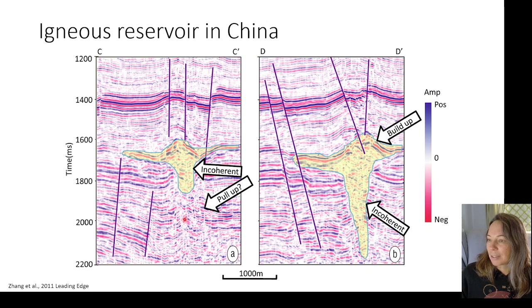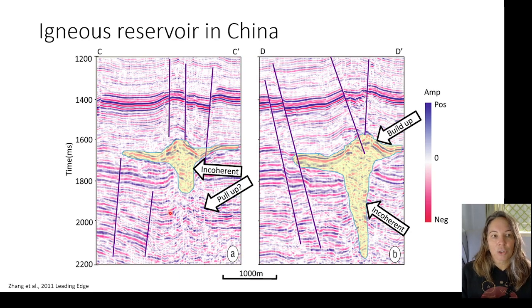So pull-up is a case where, when you're working in time, and we can see they're working in time domain seismic data, if you're traveling through a faster velocity material like igneous rock, the features right below it in seismic will actually be shallower in time because it'll take less time to travel through this igneous rock than it would through the sediments around it.